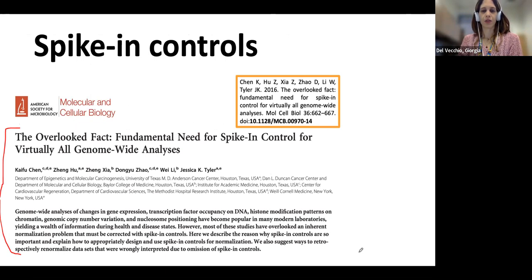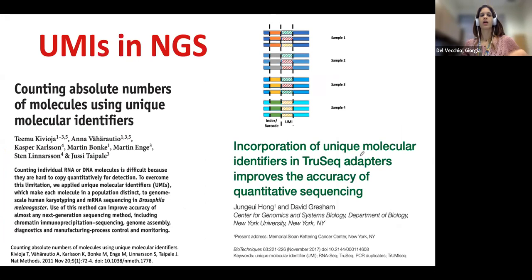But as I told you, the spiking control is a good practice to correctly normalize your data and get rid of the assumption that all the cells are the same in terms of how many transcripts you have. And then we have UMIs. So let's take a closer look at what UMIs are and why they are important.